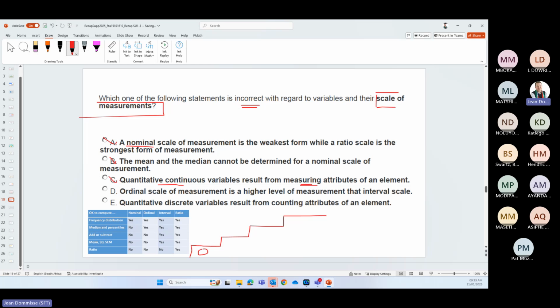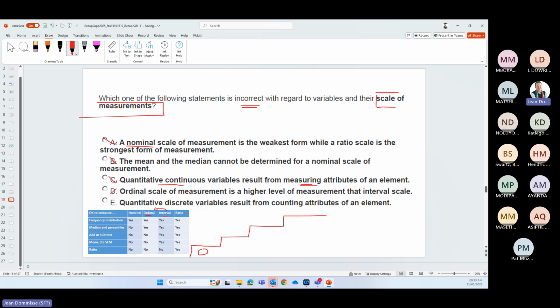That should actually have been part of a previous question. So you can see that I also bring in some of the other questions into something like this. Ordinal scale of measurement: ordinal is a higher level than interval. No, interval is higher than ordinal.